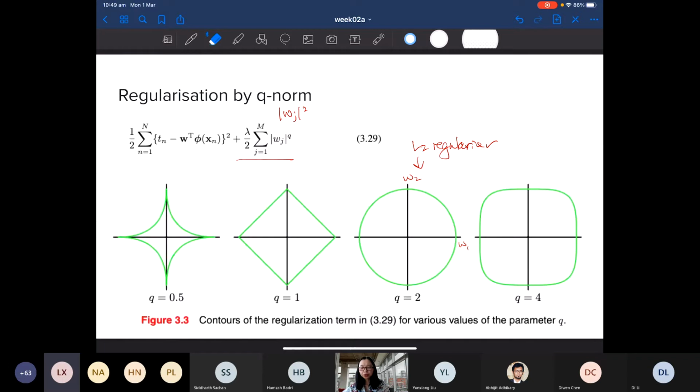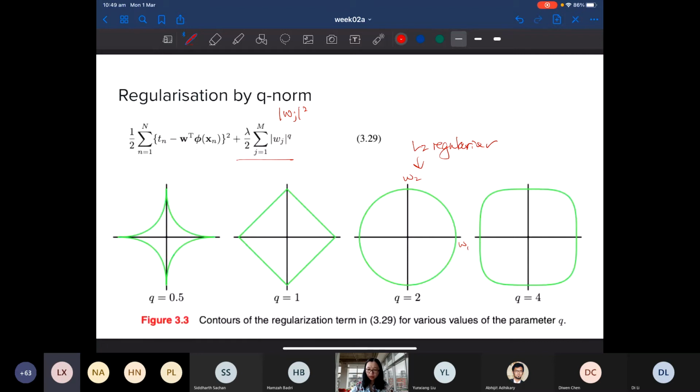And when q is greater than 2, it's essentially a sphere, but stretched towards the outside. So these are the intuitions about q-norm regularizers of different order.